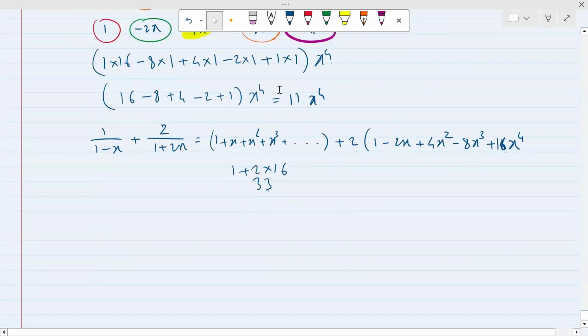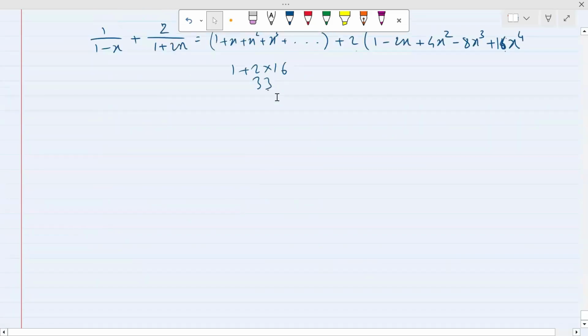Sir, can you find the value of the summation i equal to 1 to n, 1 by 2 raised to i plus 1 into 1 by 3 raised to i minus 1? Can you repeat the problem?